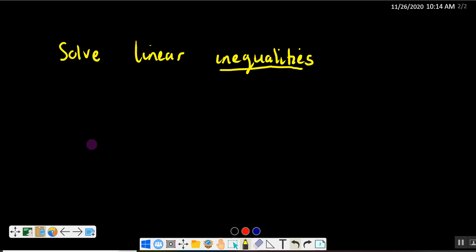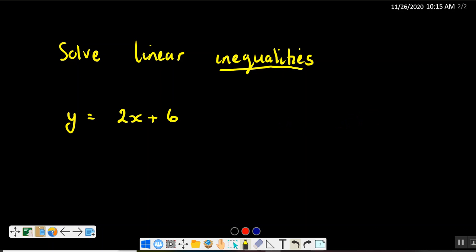Y equals 2x plus 6. Right, hang on. Y equals 2x plus 6. Before you go any further, is that not an equality? We don't call it an equality, we call it an equation.